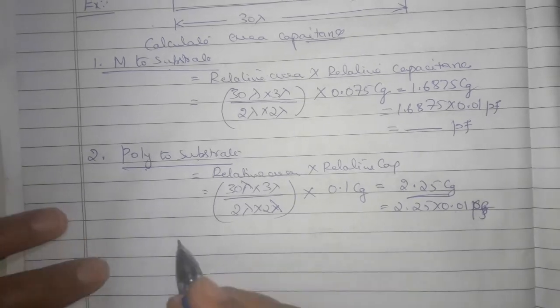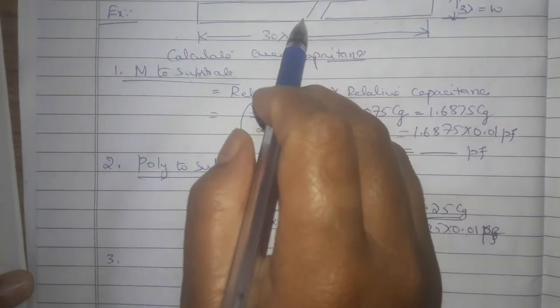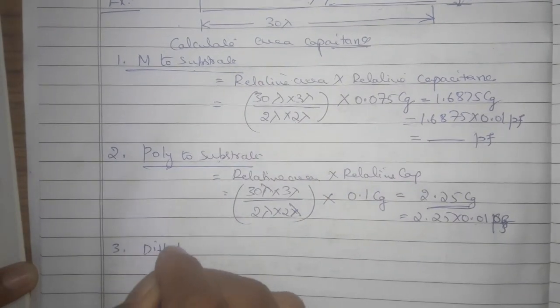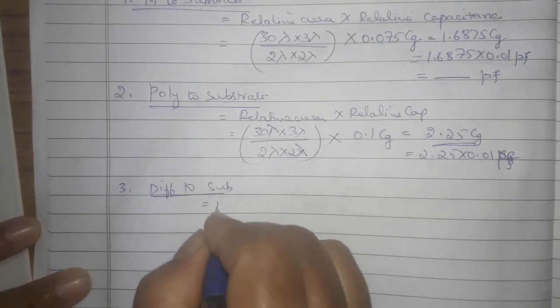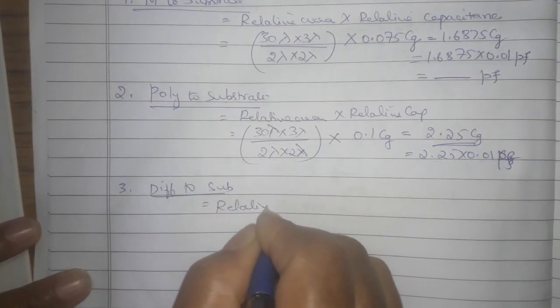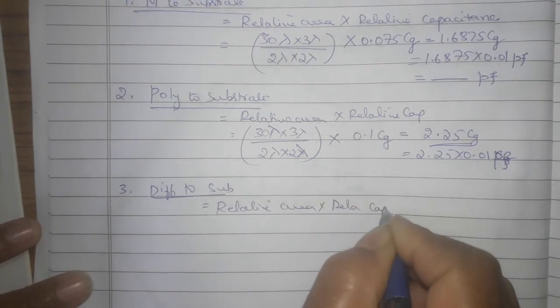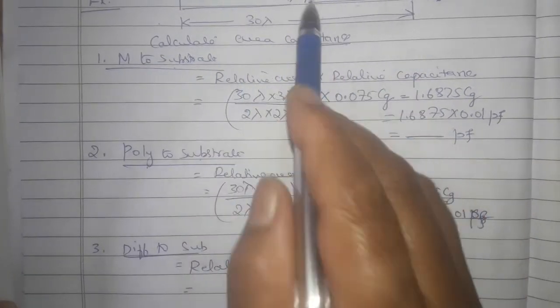Next, if I consider this layer to be a diffusion layer, diffusion to substrate, then how do I calculate the capacitance? Again it is relative area into relative capacitance. The relative area remains the same because I am considering the same layer.